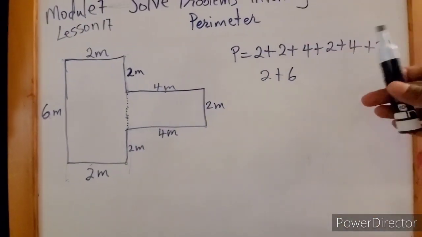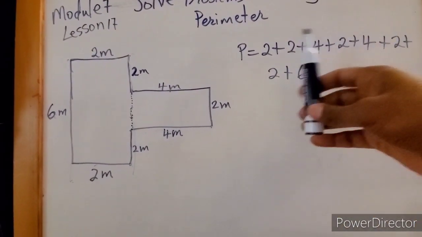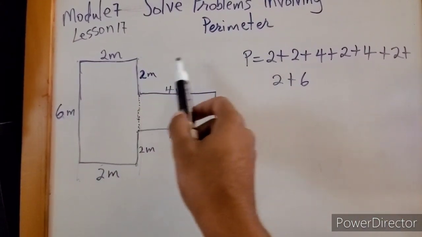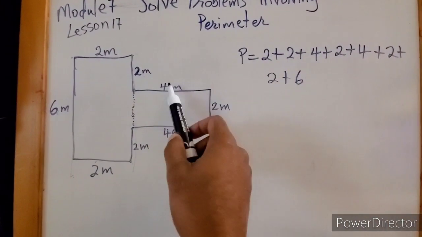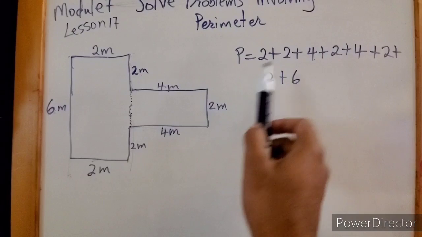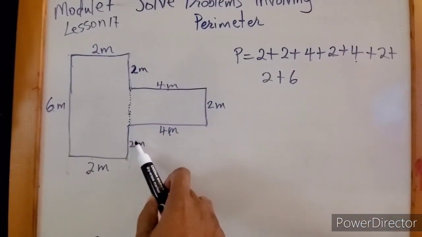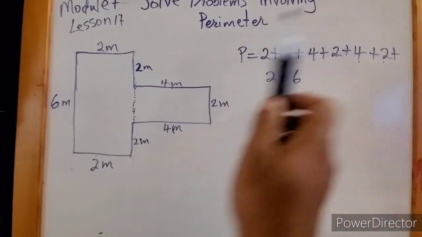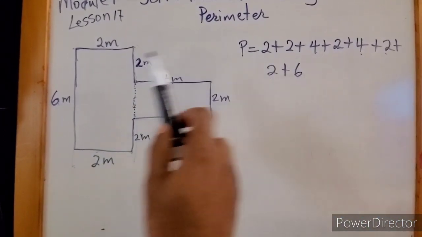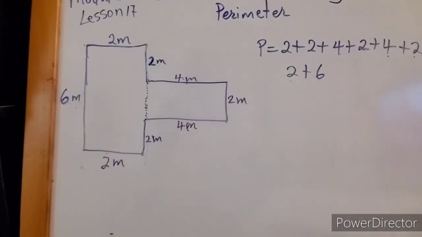All right, now let's check if our numbers are correct. 2 plus 2 plus 4 plus 2 plus 4 plus 2, good, plus 2, good, and plus 6, perfectly fine.